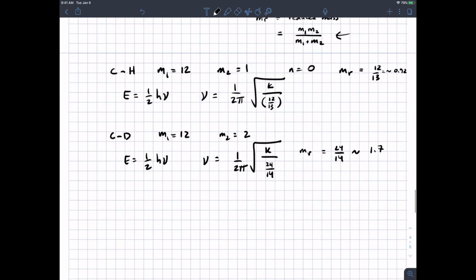So if you want to, you can calculate, based on these assumptions, the difference in vibrational energy for the CD bond versus the CH bond.